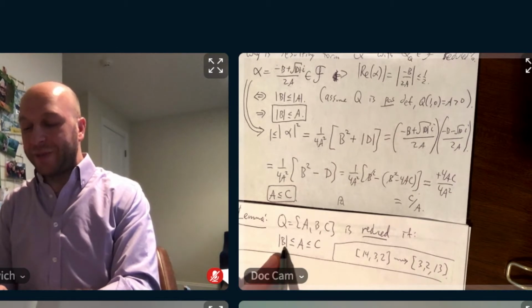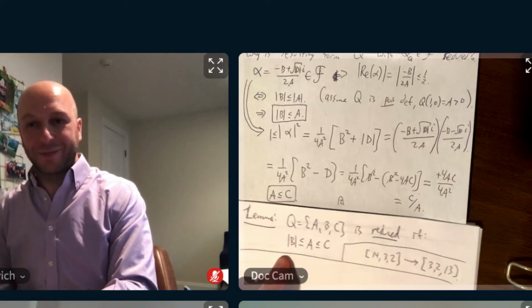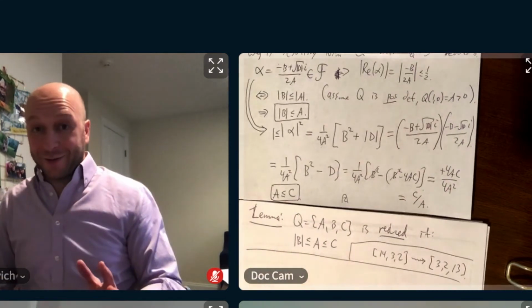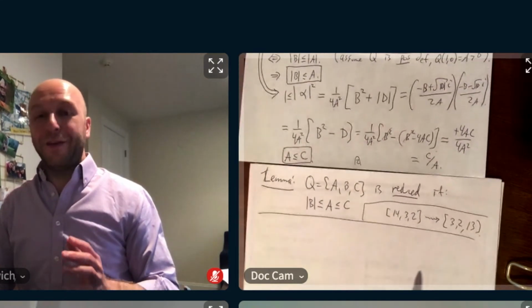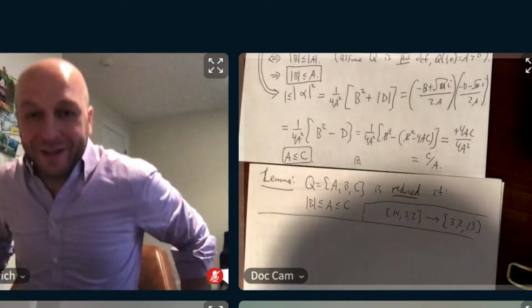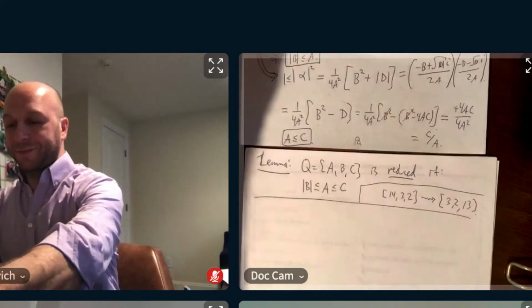So B might have to be negative, but its absolute value is no bigger than A, and then C is over here. Now, this lemma will allow us to prove the fundamental theorem, and this is what I want to end on, and then we'll start reviewing everything, but we'll kind of see everything out of this lemma.